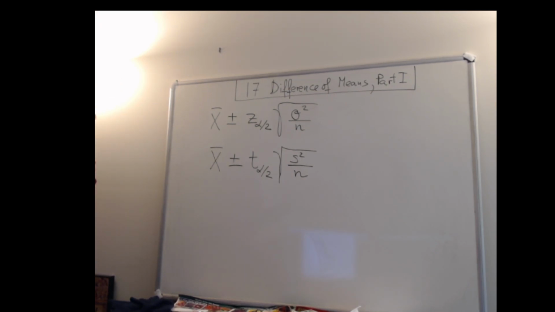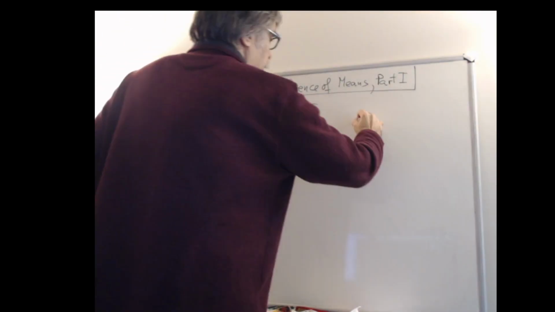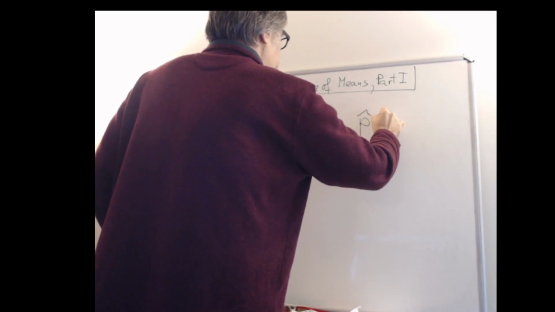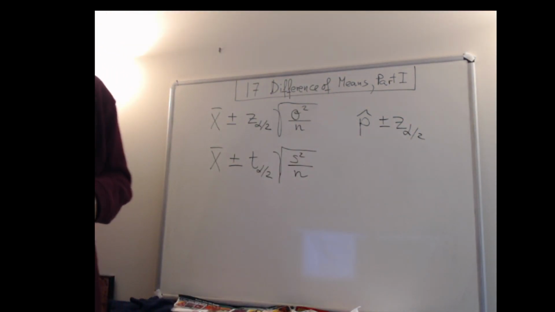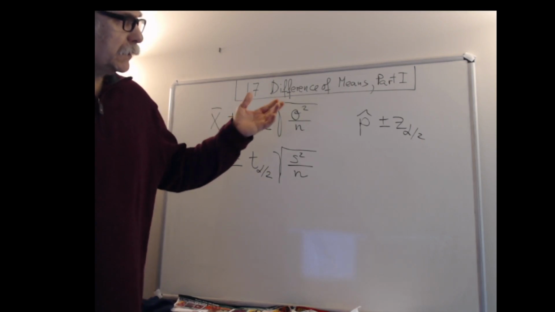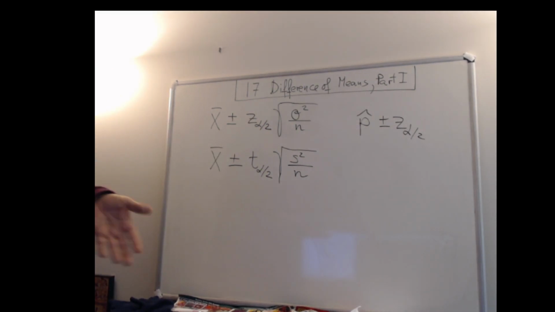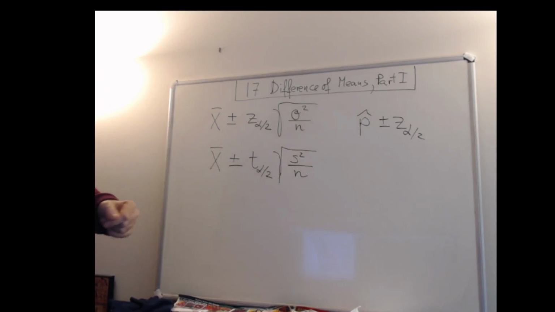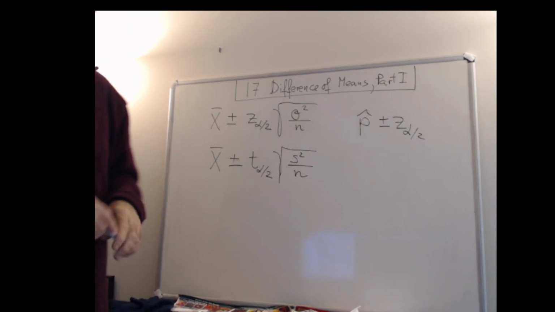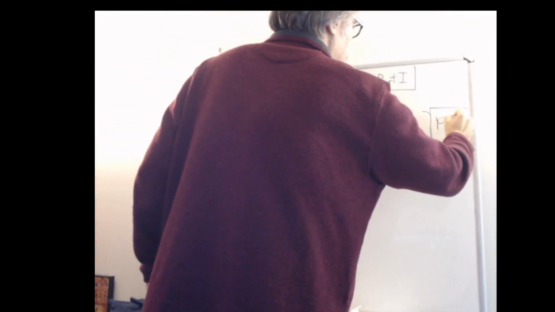We also estimate population proportion, and for that particular interval we use the proportion of the sample, and the only kind of estimate we do is the z-estimate, because for the t-estimate you need a variable that is distributed normally, and the proportion comes out of a Bernoulli random variable, which is definitely not normal. And then we also have the standard error, and that would be something like this.